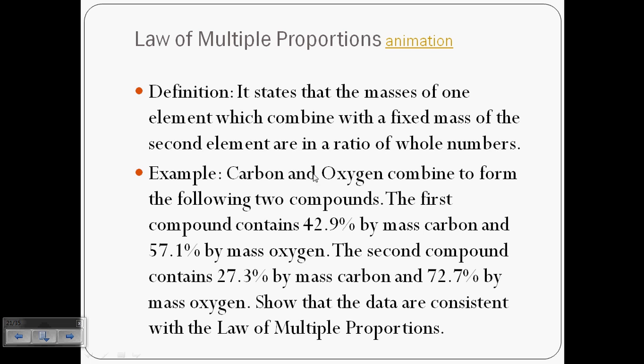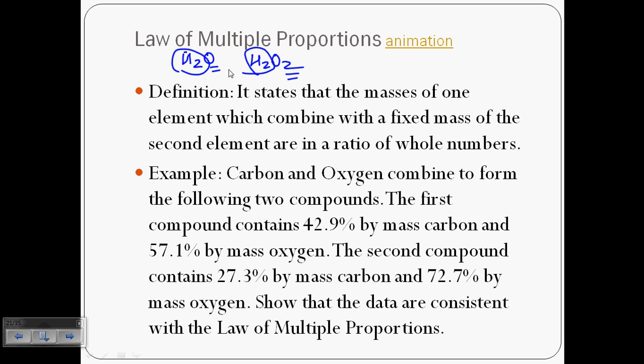Now, the law of multiple proportions says that when two elements combine to form more than one compound, like hydrogen and oxygen making water and H2O2, then with the same mass of one element, the masses of the other element that combine are in small whole number ratios.